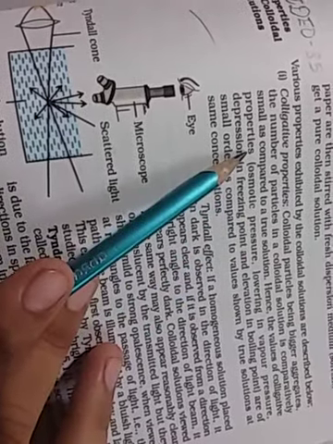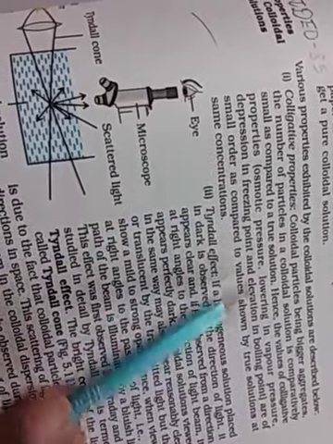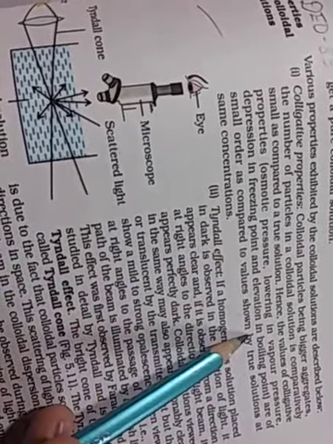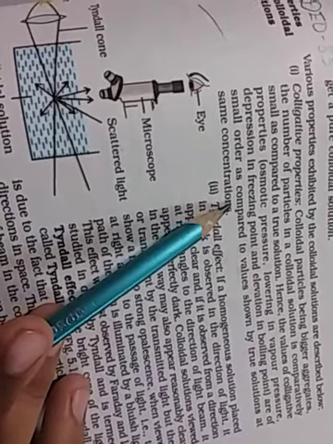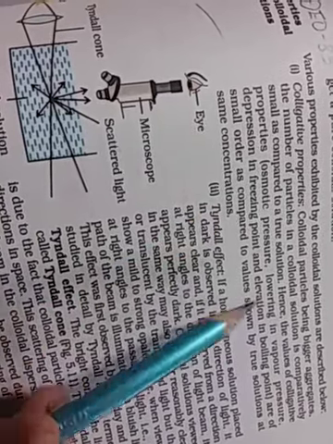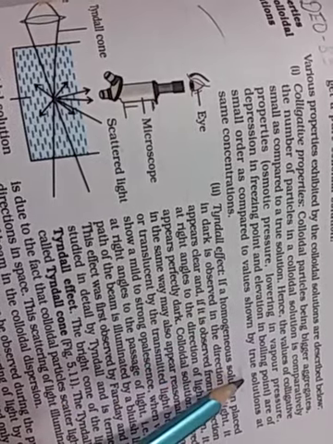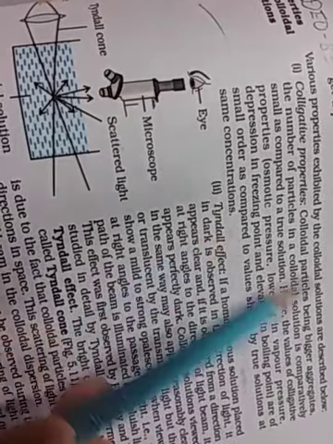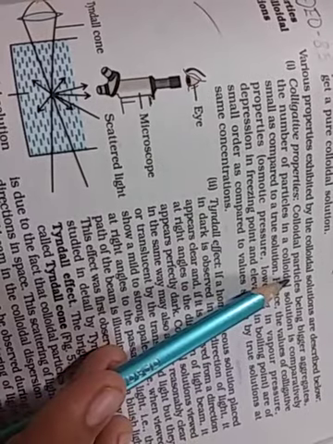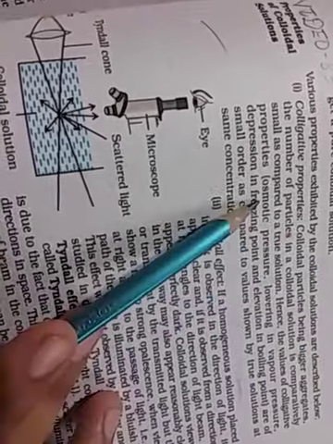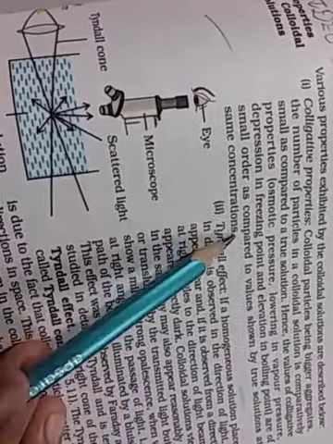So the values of colligative properties like osmotic pressure, lowering in vapor pressure, depression in freezing point and elevation in boiling point are of a small order in comparison to the values for a true solution at the same concentration, because the particles are bigger aggregates and their number is small. This is the first property of the colloidal solution.